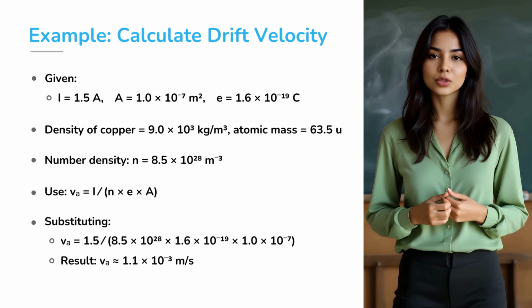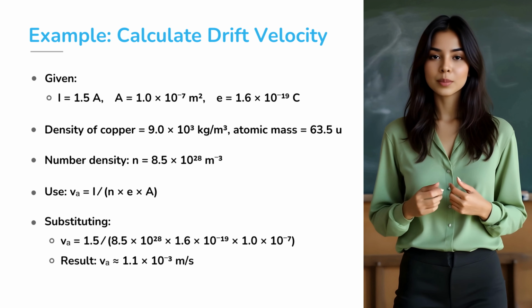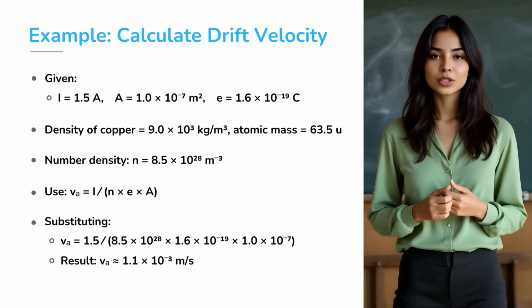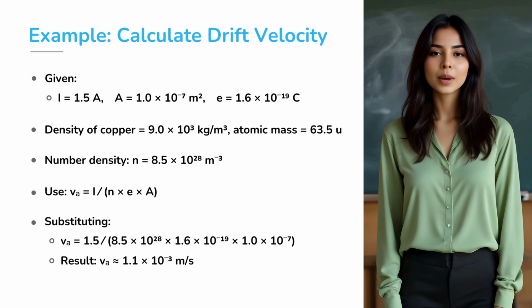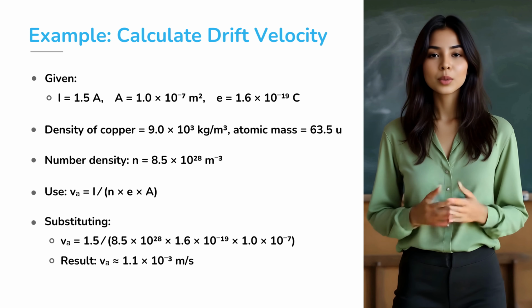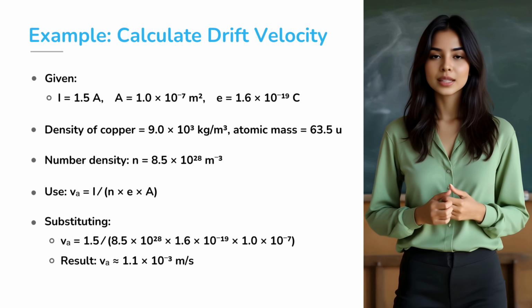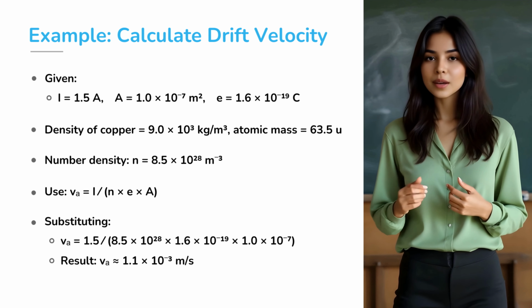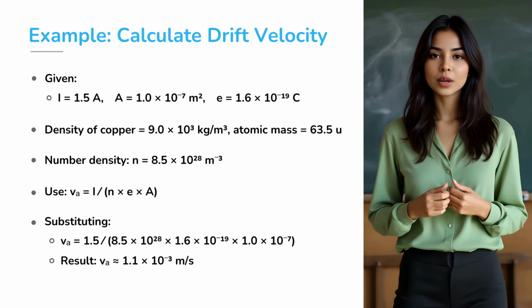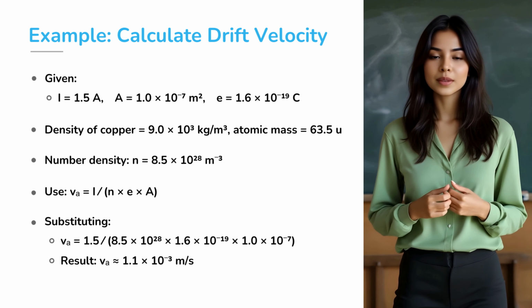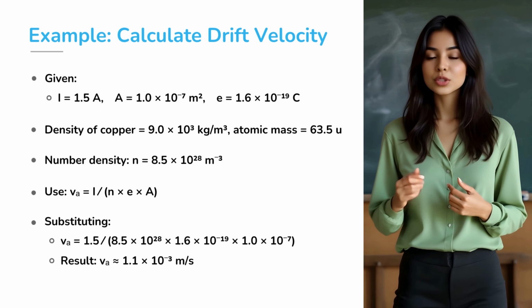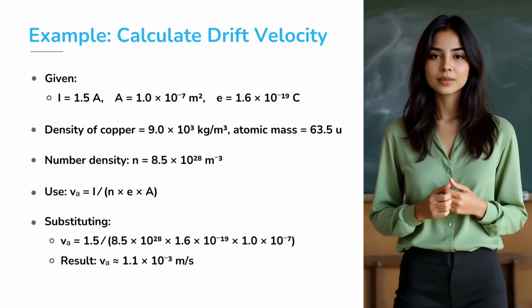V sub d equals 1.5 divided by open bracket 8.5 times 10 to the power 28 times 1.6 times 10 to the power minus 19 times 1.0 times 10 to the power minus 7 close bracket. This gives V sub d is approximately 1.1 millimeters per second. Yes, that's all. Even a strong current corresponds to a very slow drift velocity.